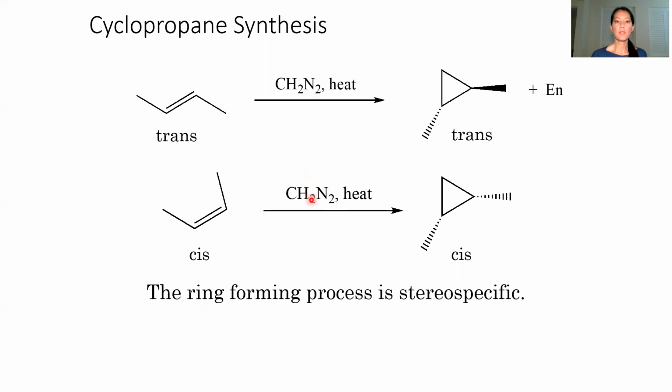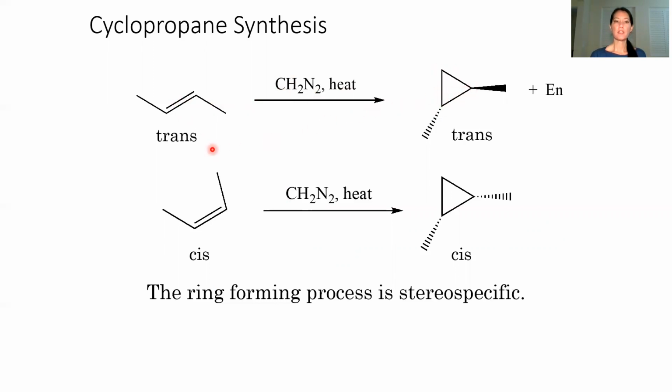So in these 2 examples, I'm using diazomethane and heat to generate the carbene. And when you have a carbene and an alkene, basically the pi bond breaks and reacts with this carbon unit. And what you effectively add is the CH2 here onto where the double bond was, forming a 3-membered cyclopropane.